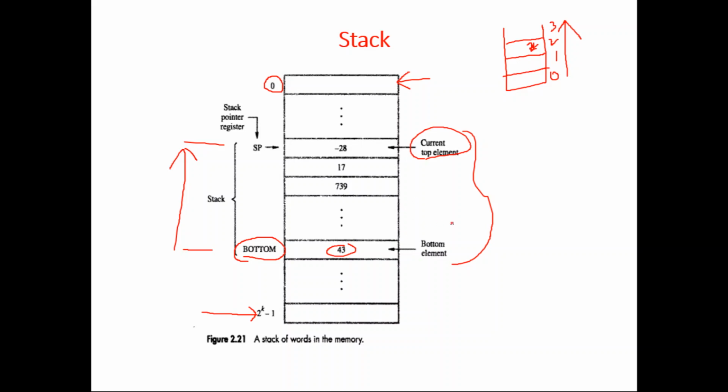But with respect to address, the address is not growing from bottom to top, the address is decreasing from bottom to top. We should be clear about this, because this is how it really happens in the memory.